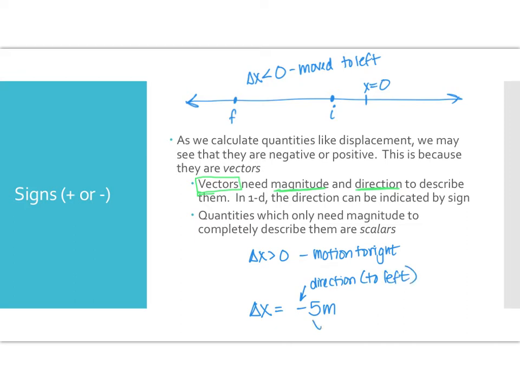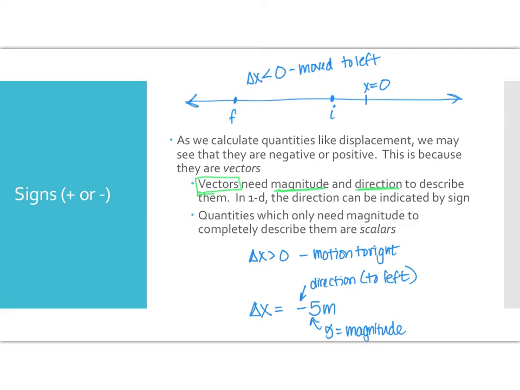And the magnitude is the 5. That's like how big the displacement is, and the minus sign tells us the direction of it. So displacement is a vector quantity.